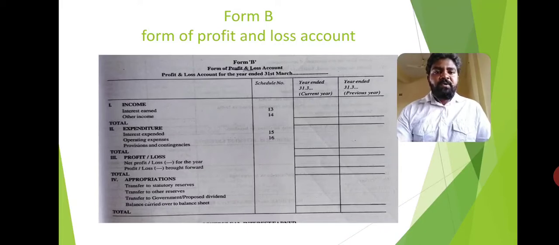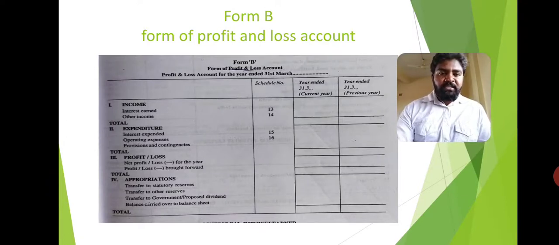Transfer to government or proposed dividend: declaring dividends to the shareholders is to be considered under the head of appropriations. After transferring to the statutory reserves, other reserves and proposed dividend, we will get a balance amount. That balance is to be shown here as balance carried over to the balance sheet, and after that the total.